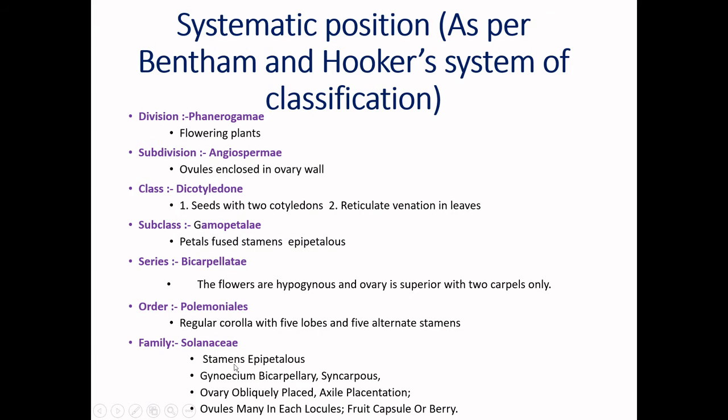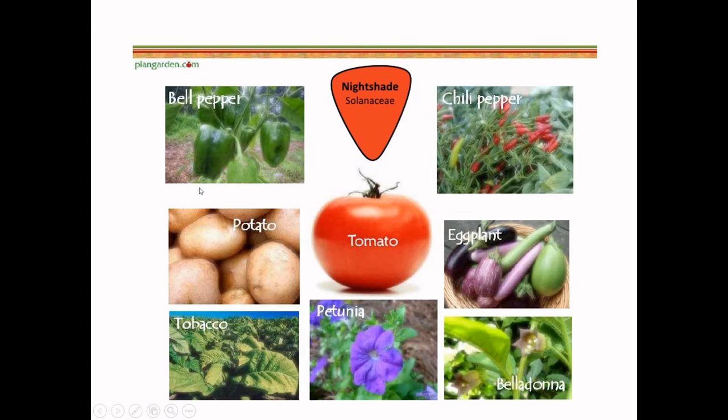Now these are some diagnostic characters, that is stamens epipetalous, that means attached to the petals. Gynoecium, number of carpels are 2, they are fused, that means syncarpous. Ovary obliquely placed and axile placentation. Ovules many in each locule and type of fruit is capsule or berry. This is the systematic position as per Bentham and Hooker's classification system.